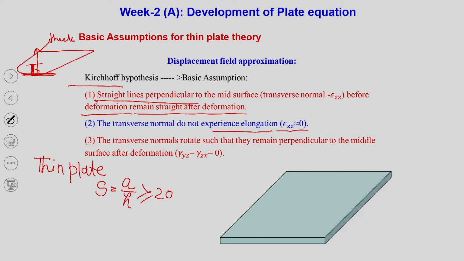And the last, the transverse normal rotates in such a way that it remains perpendicular to the middle surface after the deformations. So, mathematically I am saying that there are no shear rotations, basically transverse rotations.